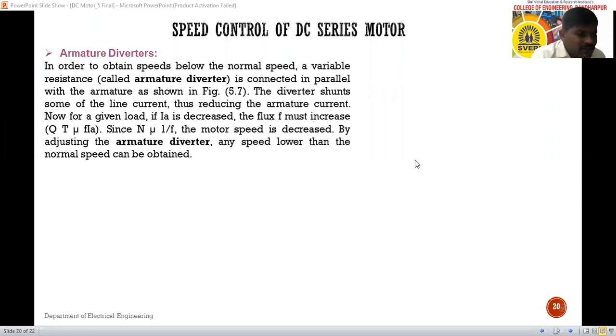The armature current of the motor will be diverted.